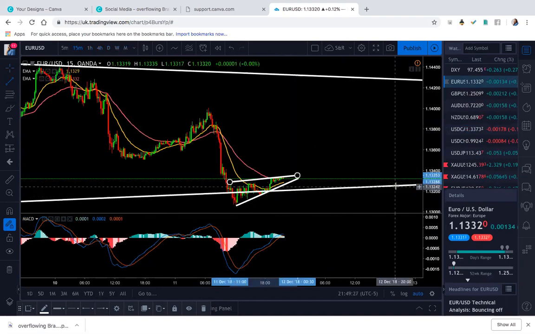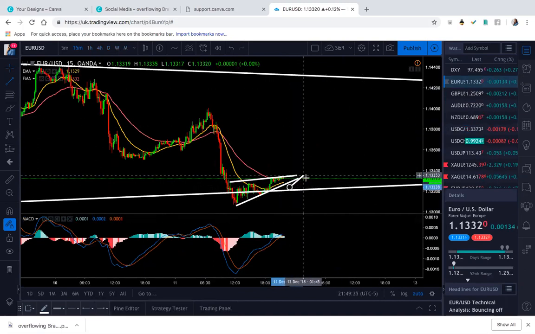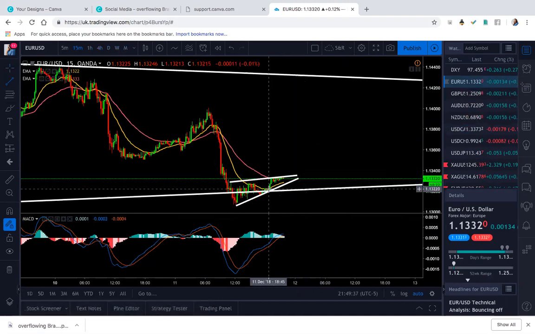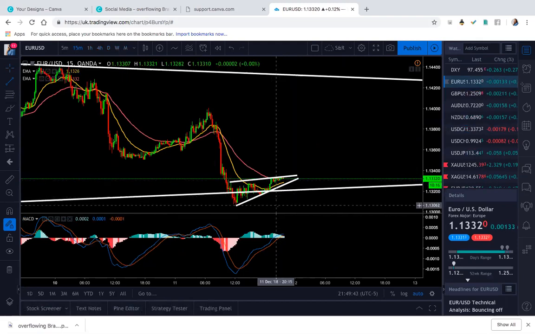Now, given that this is currently testing a trend line, right? Which is a type of support. I wouldn't enter into this trade until this pattern has been broken and flagged, right?